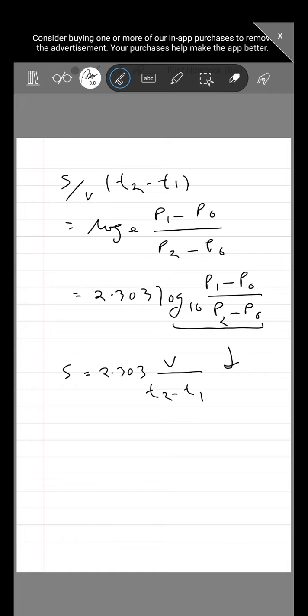Now if we assume that this limiting pressure P0 is very low, we can neglect this one also.